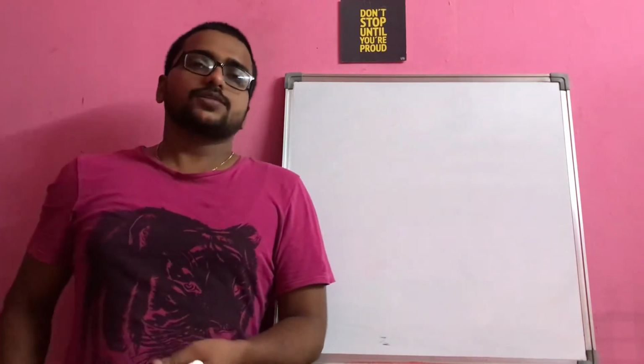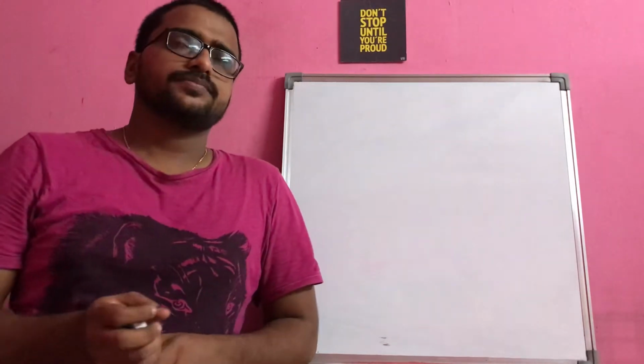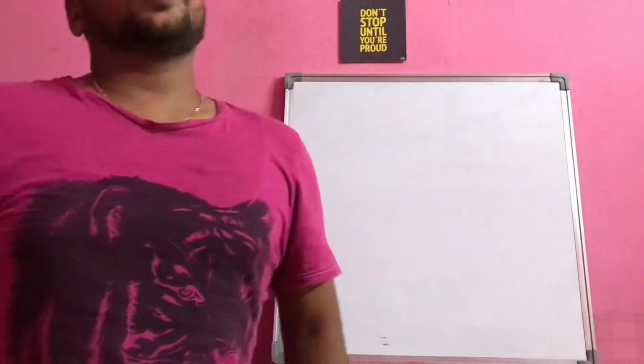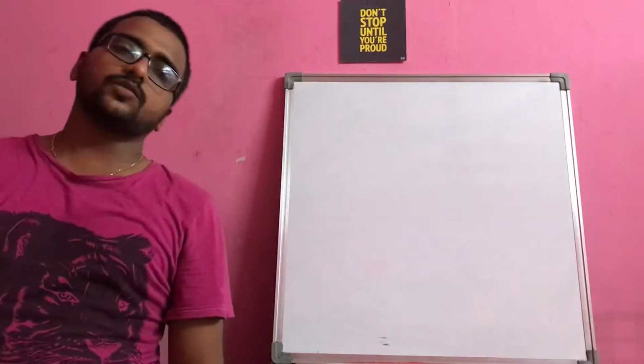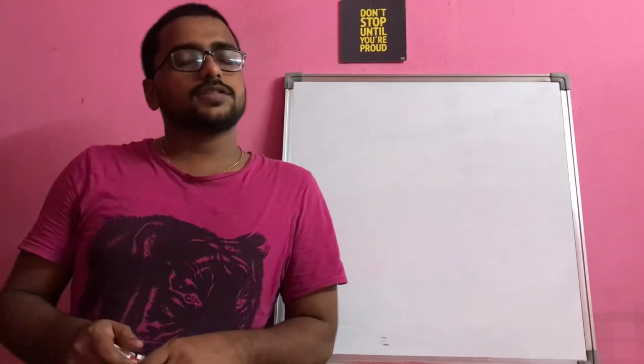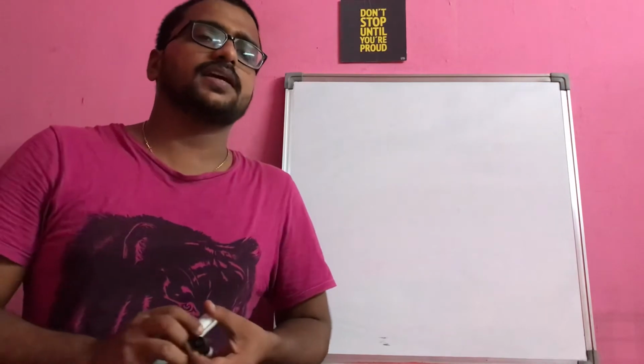So in today's class we are going to discuss some more word problems from the pair of linear equations. As I already discussed in the previous class, if they don't specify any method for solving the pair of linear equations, whatever method you want you can use, either substitution, elimination, or cross multiplication.